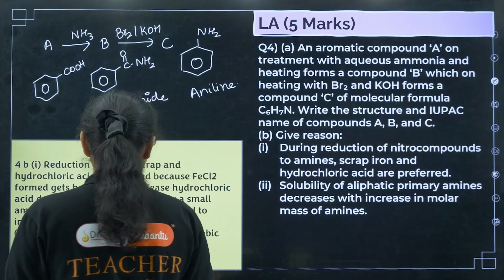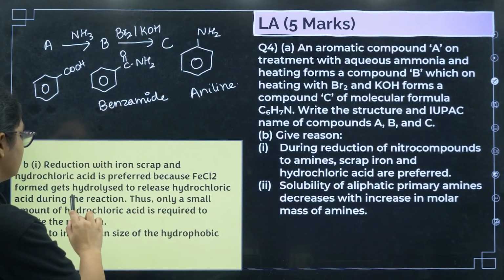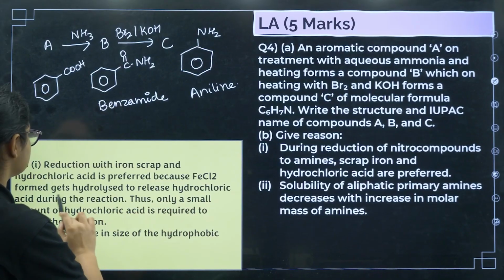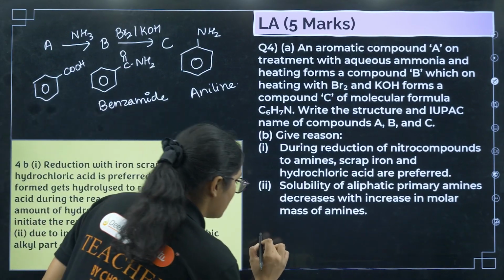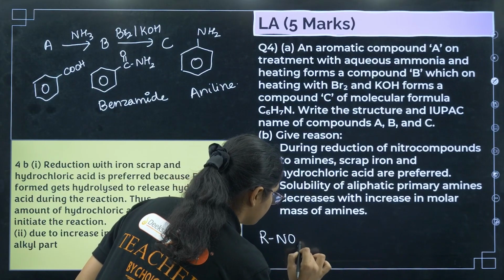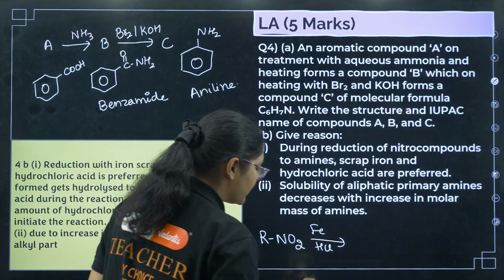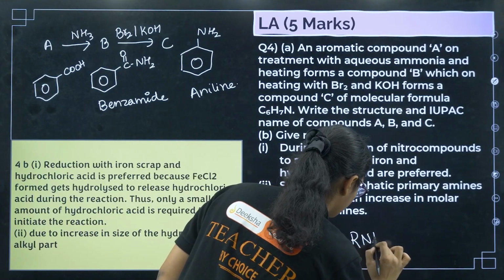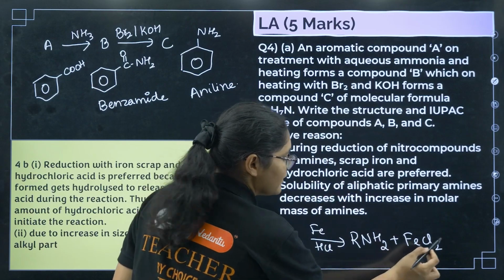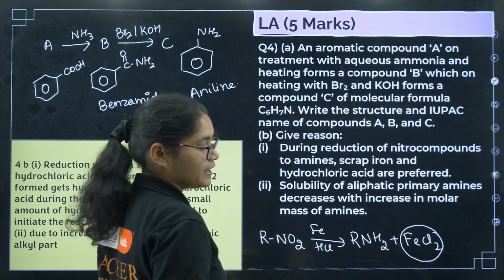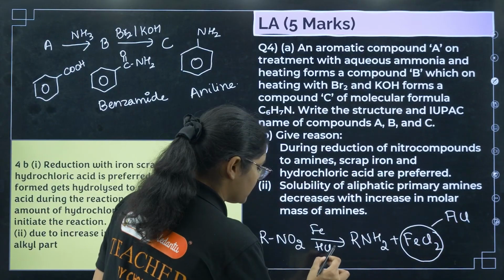Now reduction with scrap iron and HCl is preferred because FeCl2 formed gets hydrolyzed to release the HCl during the reaction. So when you are taking RNO2 plus Fe/HCl, you get RNH2 plus FeCl2. Now this FeCl2 further undergoes hydrolysis to give you back HCl, right, which is required here.